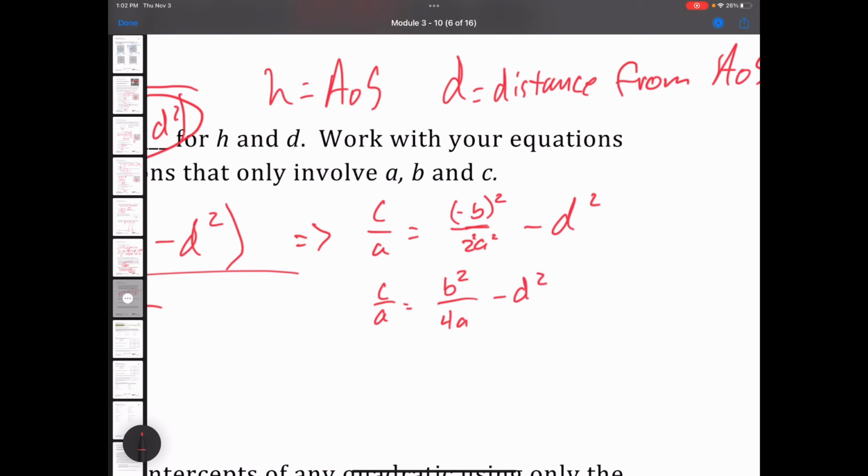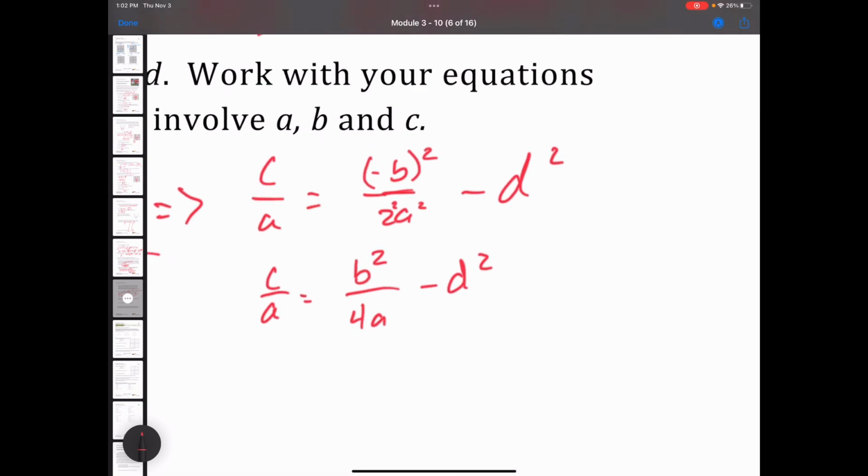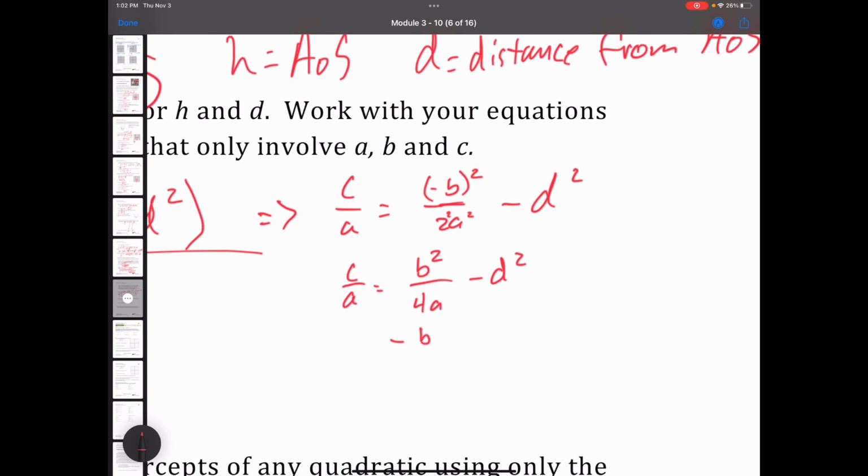I need to get d squared by itself so that I can simplify further, so I'll subtract b squared over 4a squared from both sides. And I get c over a minus b squared over 4a squared is equal to negative d squared.